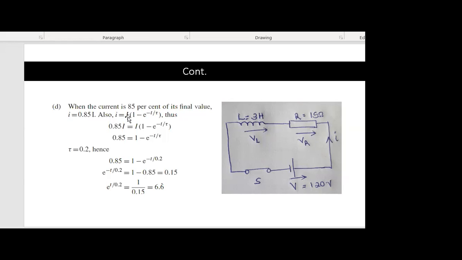So we get this equation, we substitute. You will substitute and get the answer.